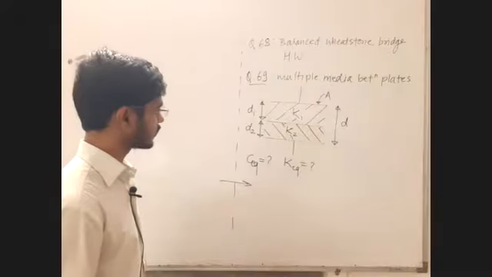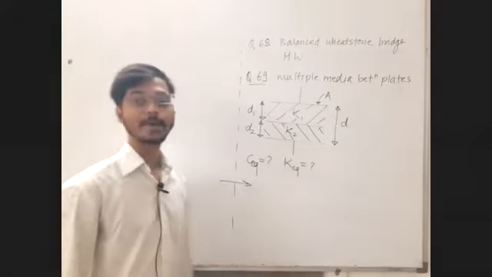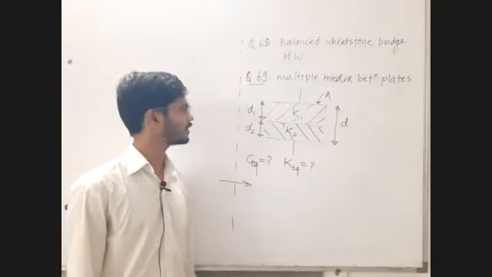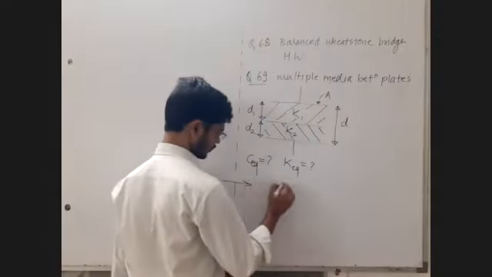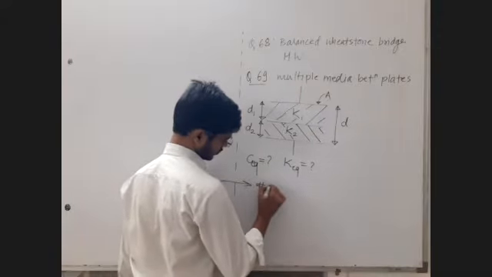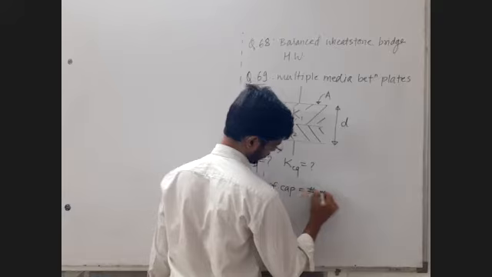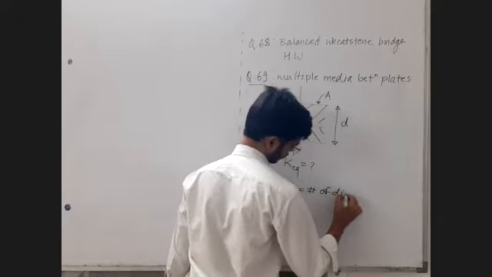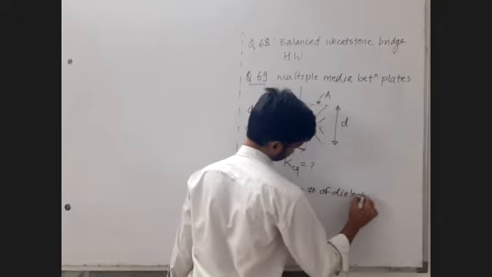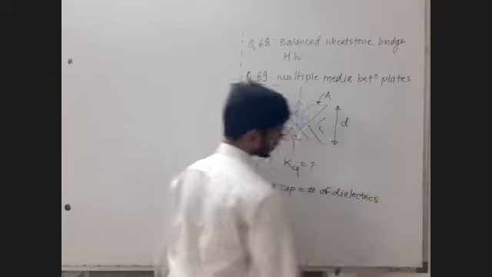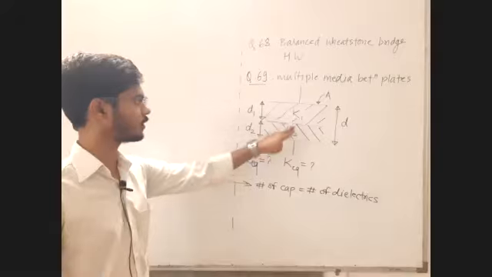What you have to observe here is how many capacitors can be formed. Write down: number of capacitors is equal to number of dielectrics. How many dielectrics do we have? 1 and 2.